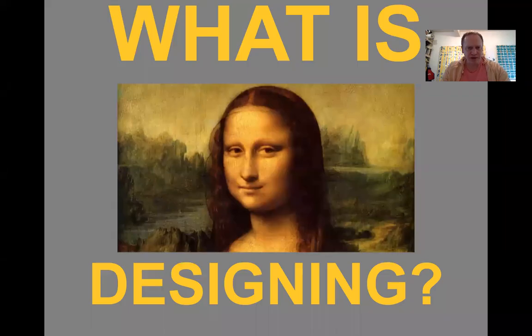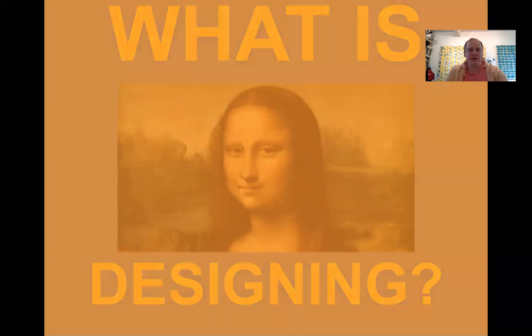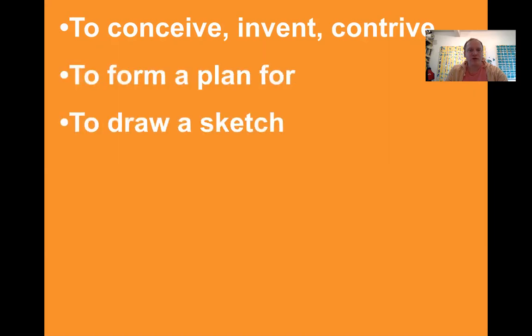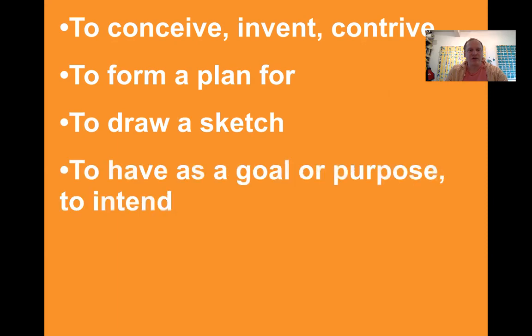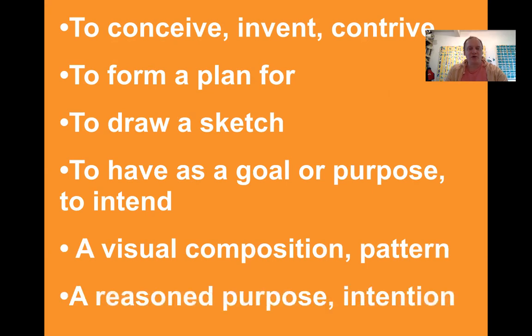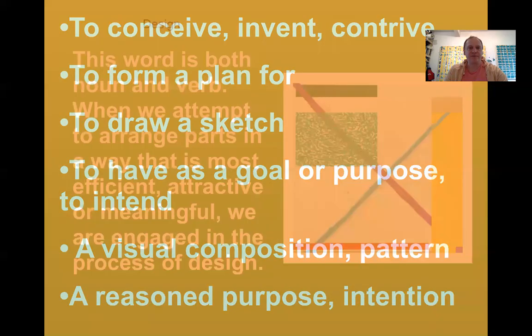So I just want to discuss what is designing as a broad term. We could think of it in many ways: conceiving, inventing, contriving, forming a plan for, drawing a sketch, having as a goal or purpose to intend, visual composition or pattern, or a reasoned purpose or intention.